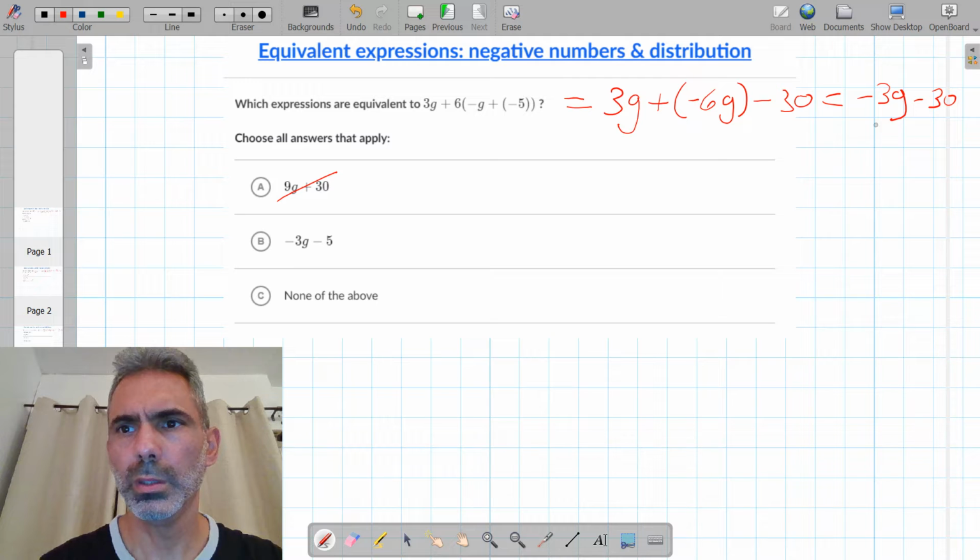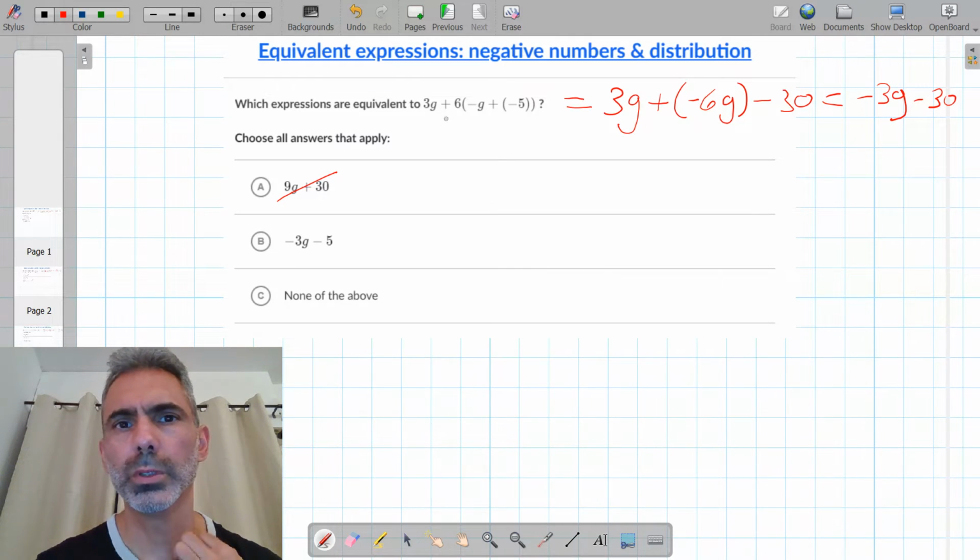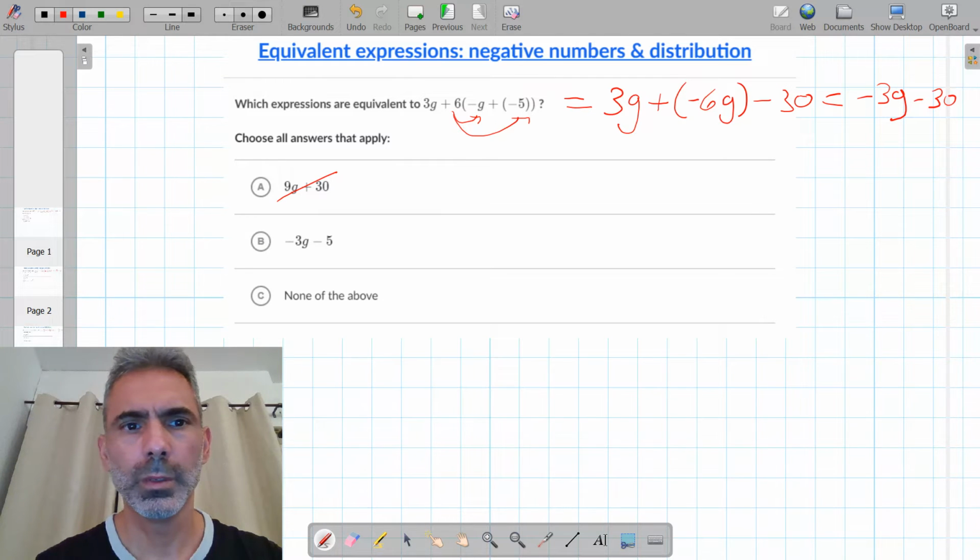Minus 3g is good, but minus 5 means that they didn't apply the distributive property. They only multiplied the 6 times minus g, but they didn't multiply the 6 times minus 5. So this is incorrect.